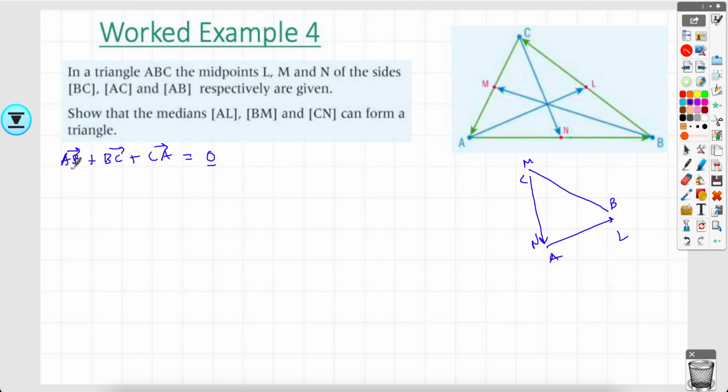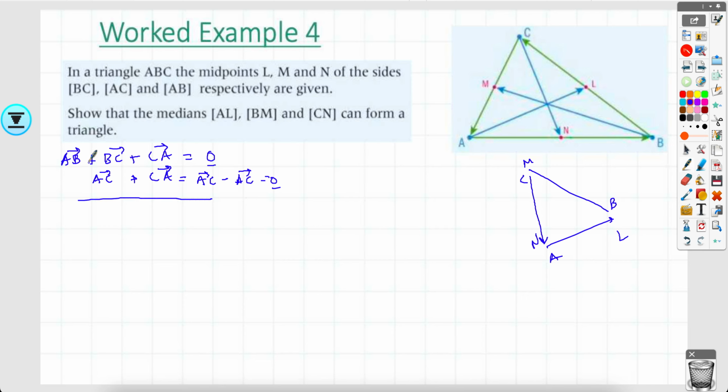If you notice, if I take these two using the triangle law, AB plus BC is equal to AC, and AC plus CA is just basically you going the opposite. So it's the same thing as AC minus AC, which is 0. So just a mini proof on the side that is the fact that we're using.